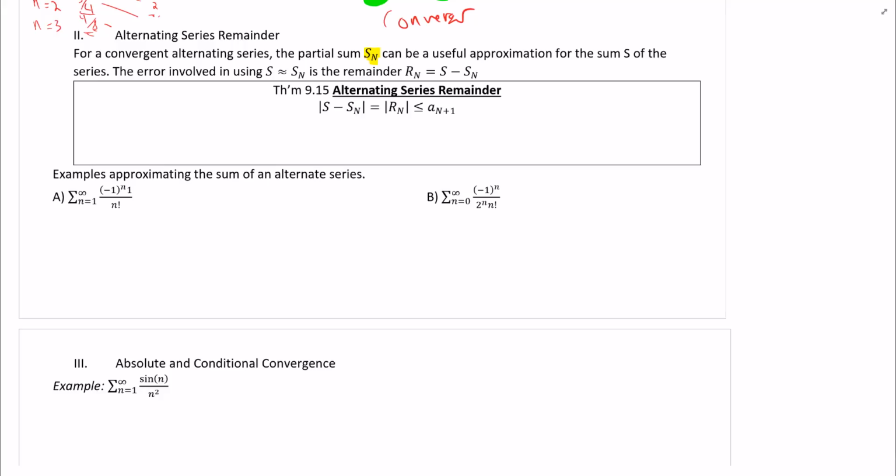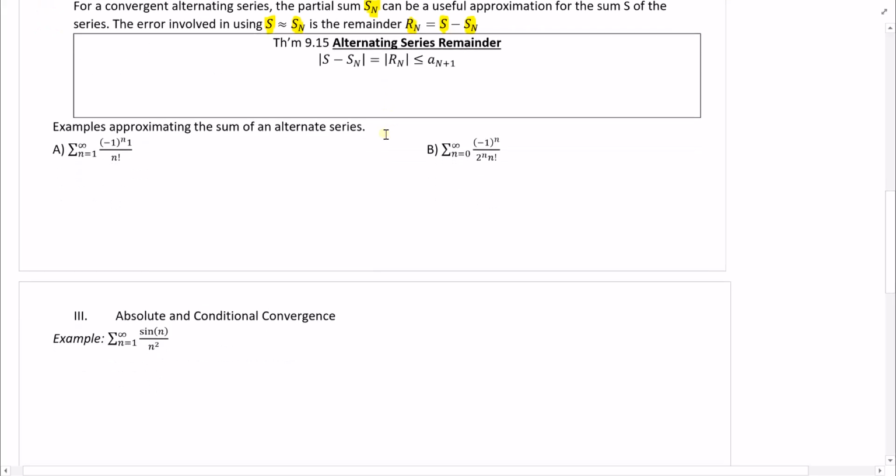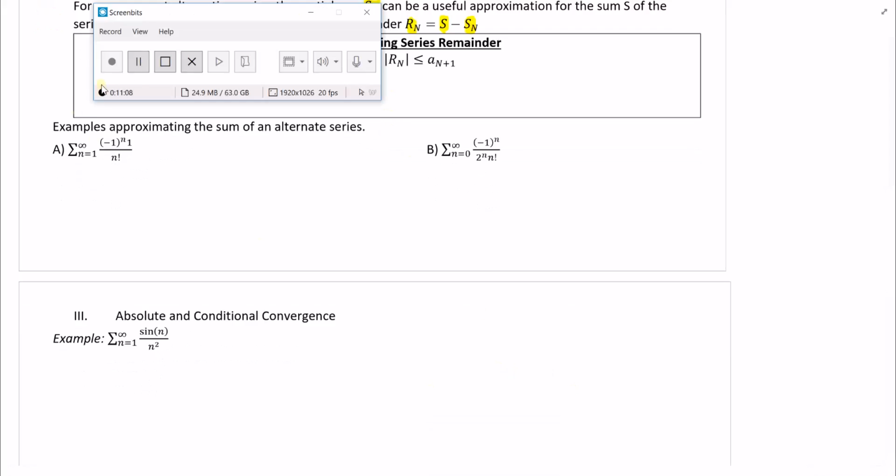The error involved in using the partial sum, where S is the real sum, and the real sum is approximately the partial sum, can be determined by the remainder, which is taking the real sum minus the partial sum. That will help give us an estimate. So let's see how this works.